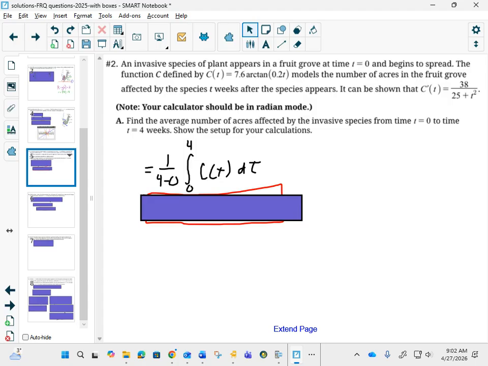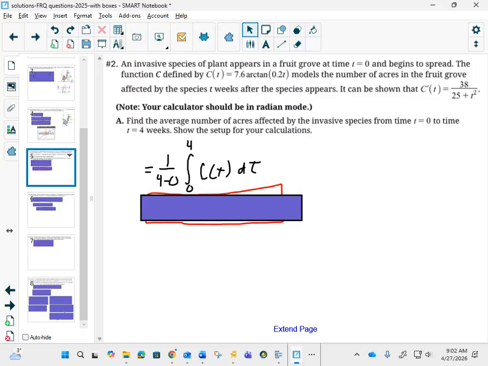If they ask the average of something you have the equation of, then you can use the average of the function formula. If they ask you an average and they don't give you the equation, then you might be able to use the secant one.